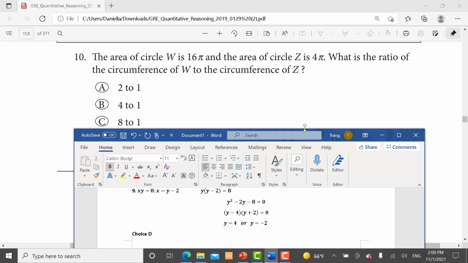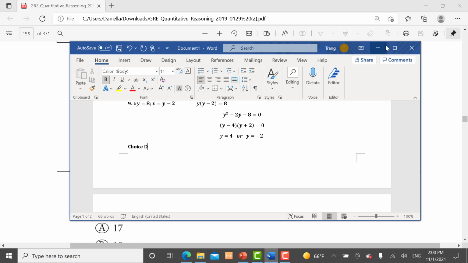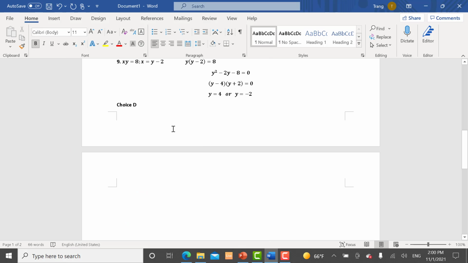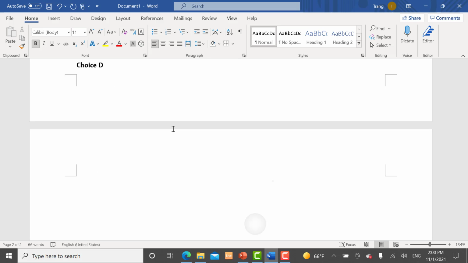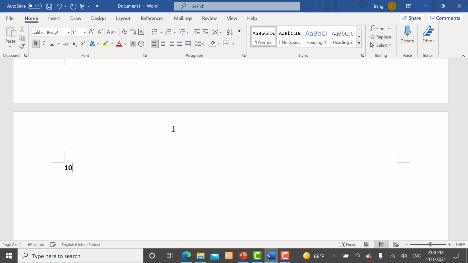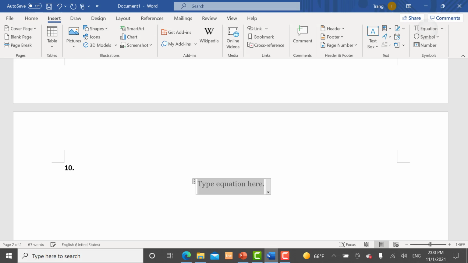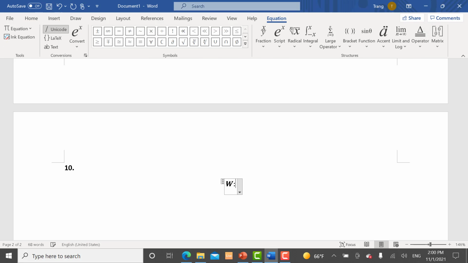So let's do all the work. This is question 10. First of all, if you look at W, for W, the area is equal to 16 pi.